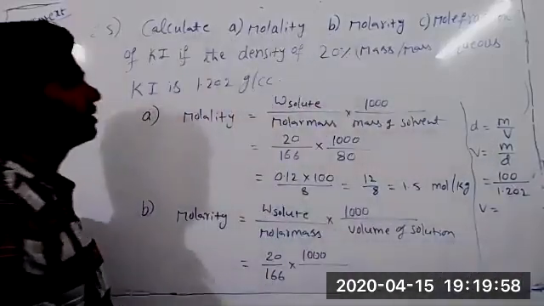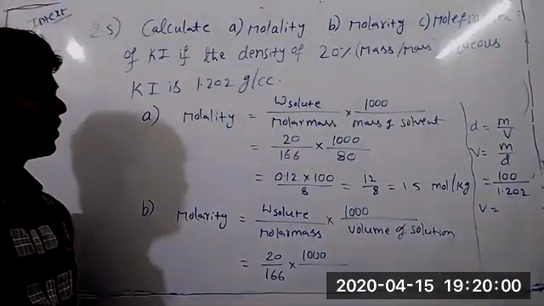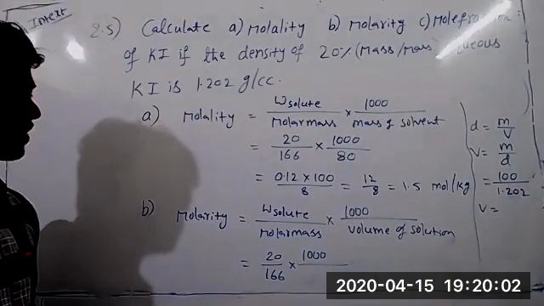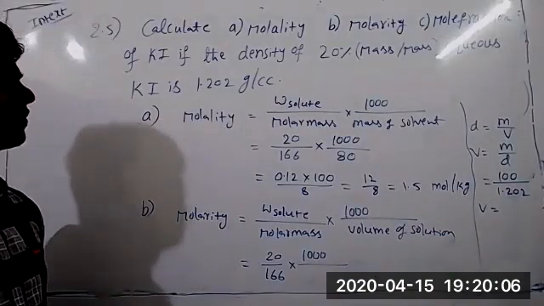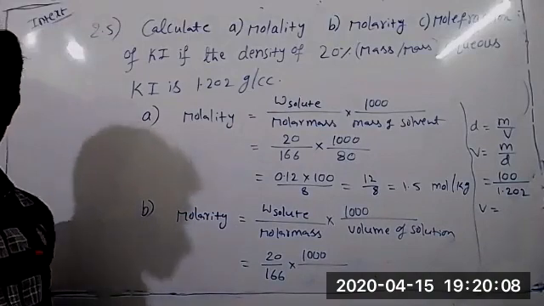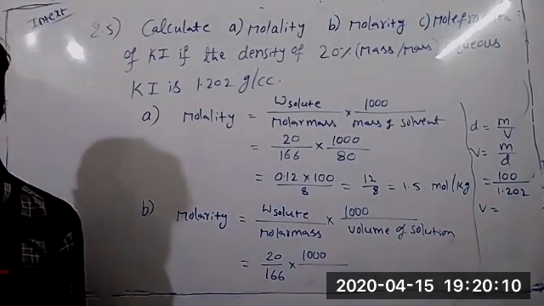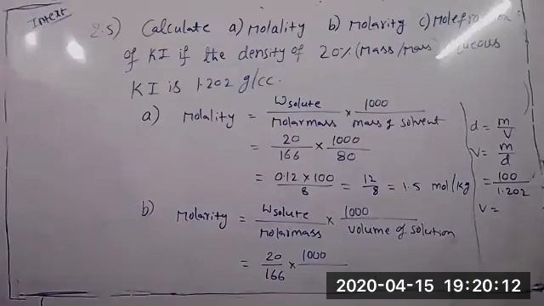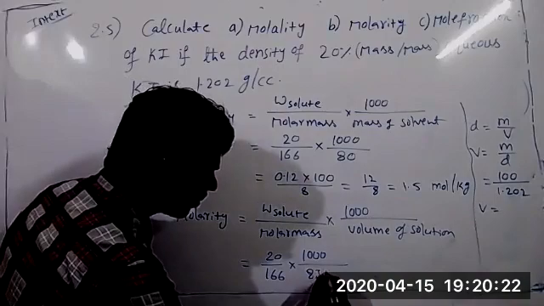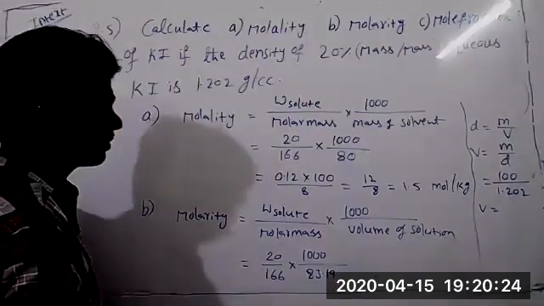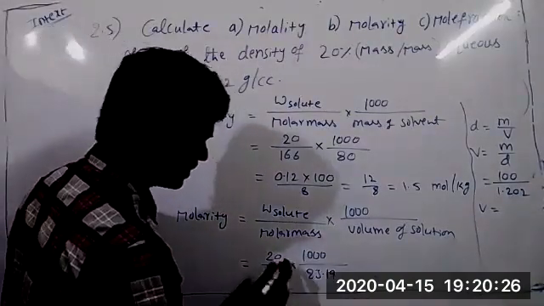Calculate this. 100 divided by 1.202 is 83.19.